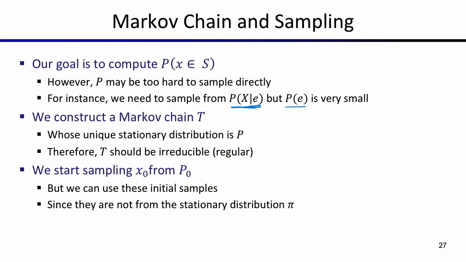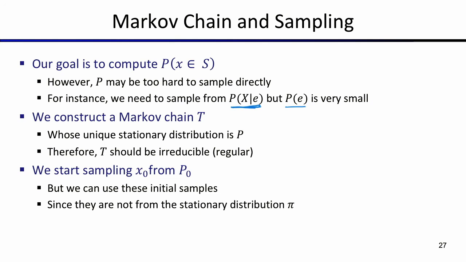And we saw that we can make this sample in a very efficient way because it's going to involve a small number of factors, and the factors will have all the variables instantiated but the variable that we're going to sample. So we are transforming the problem of sampling from a difficult distribution into another problem where we sample from an easy distribution.